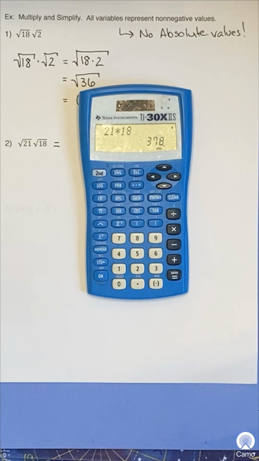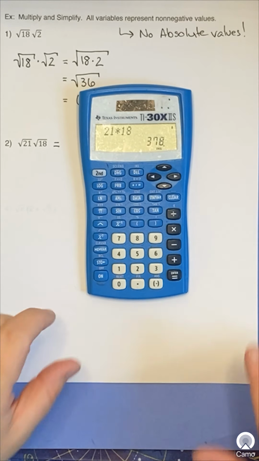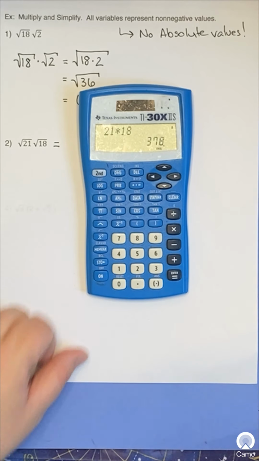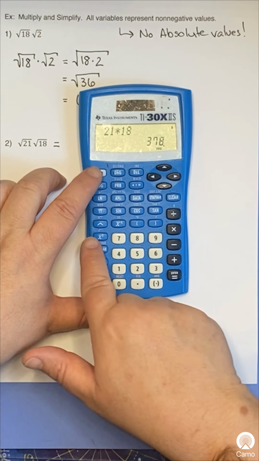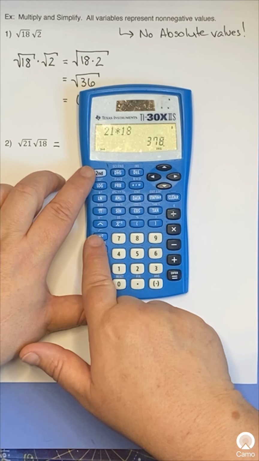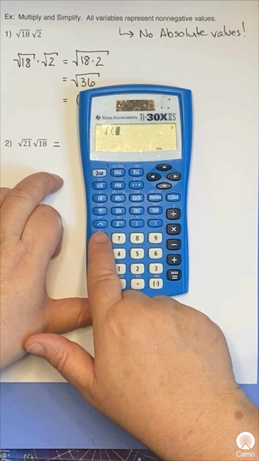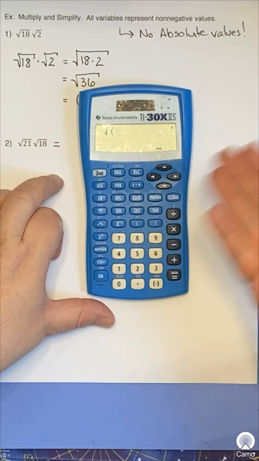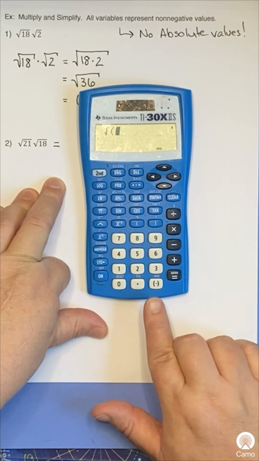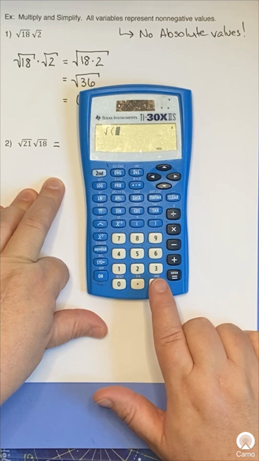Taking the square root of a number you already have on the screen is a little bit tricky, but let me show you how. I could remember 378 and type it in, or on this calculator, I touch second and then the square key to get the square root. It erased what I had before. But down here, see where it says ans?